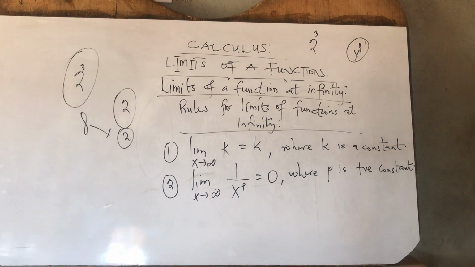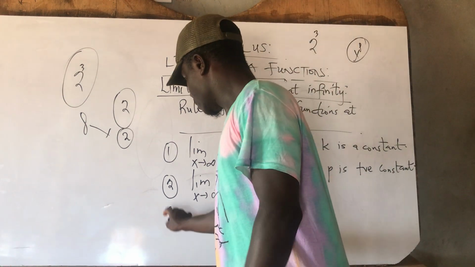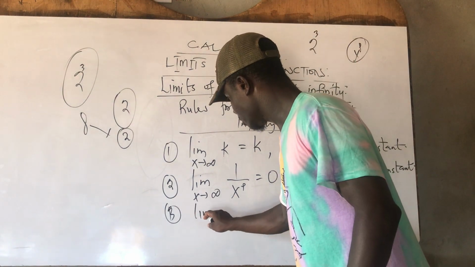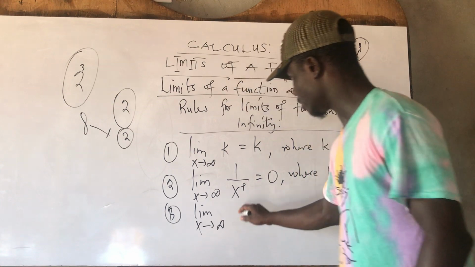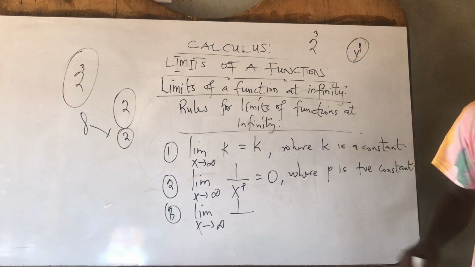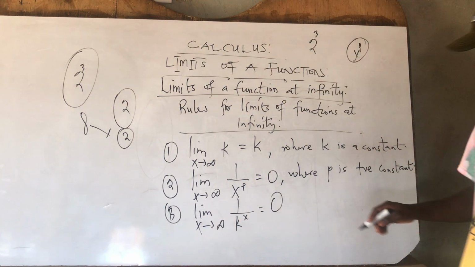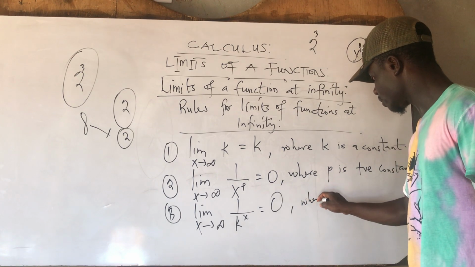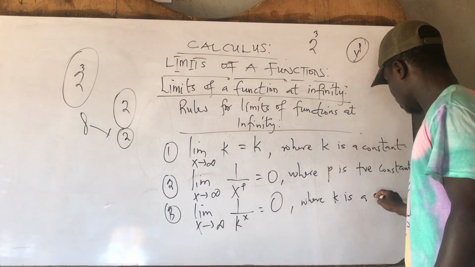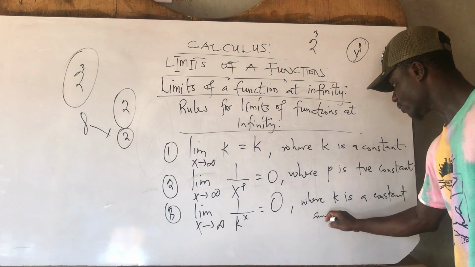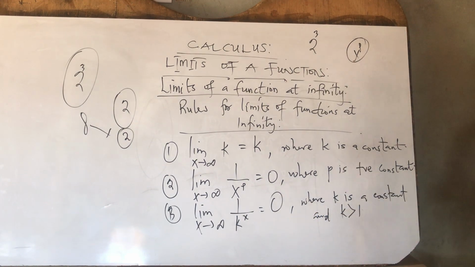Let's see the third rule. The limit as x approaches infinity of 1 over k exponent x, which must be equal to 0 again, where k is a constant and k is greater than 1.